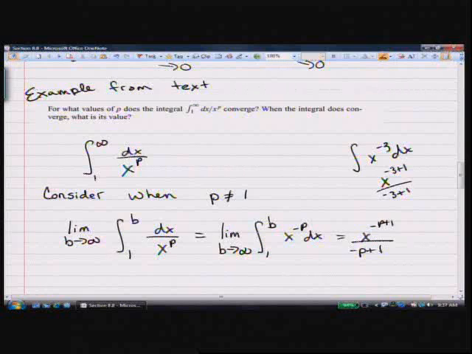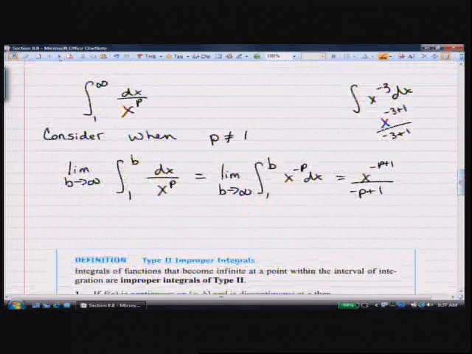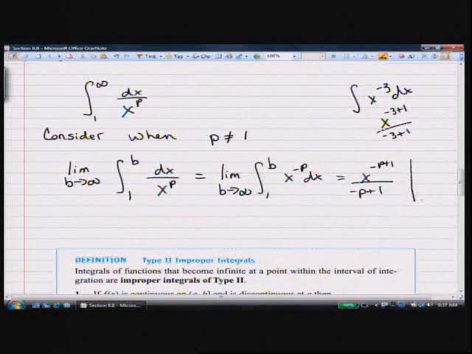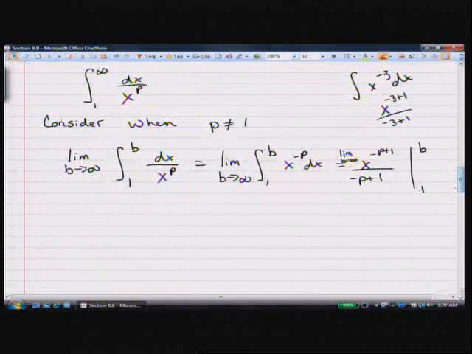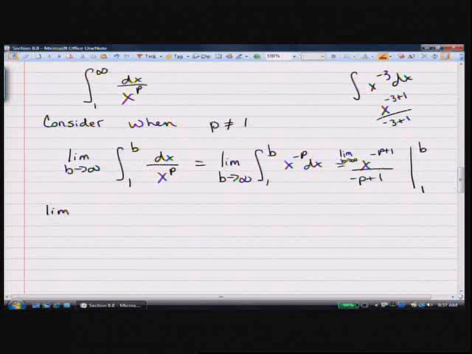Yes, okay. And so you're going to evaluate this integral from 1 to b, and you're going to think of the limit as b goes to infinity. Let's see if we can write this a little bit nicer.